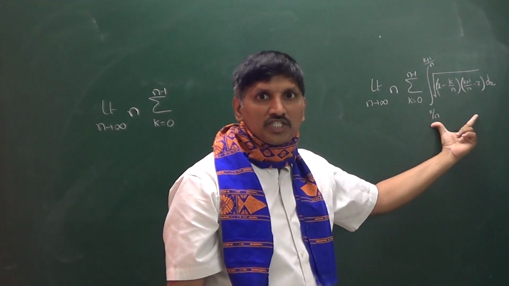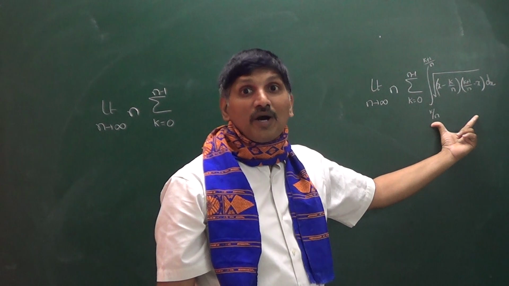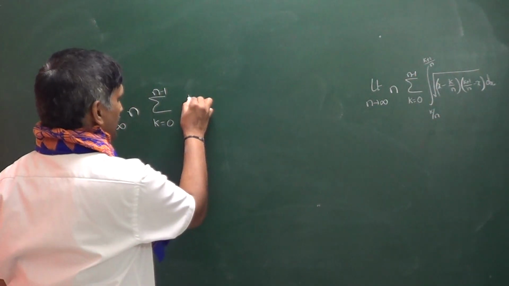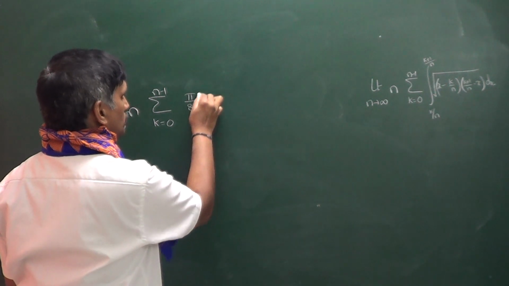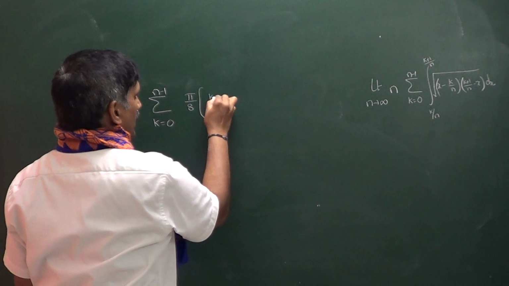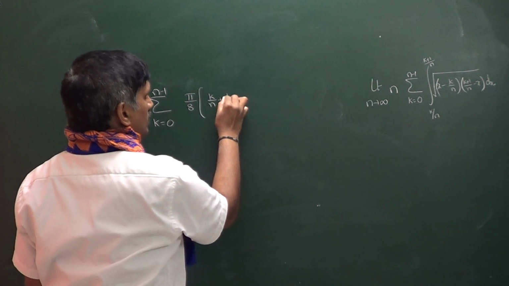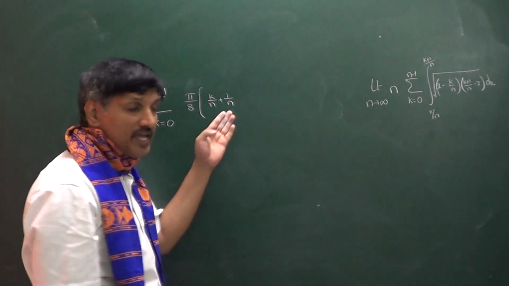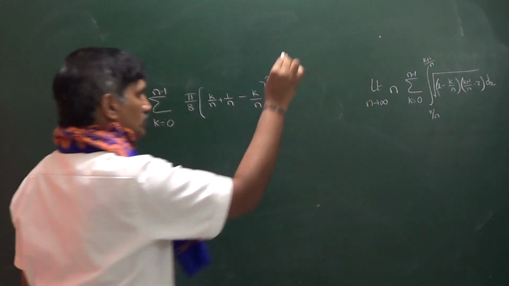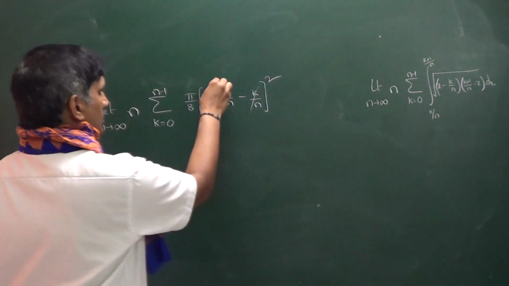According to the earlier discussion, we can write this as pi by 8 into (b minus a) whole square. That means pi by 8 into (b minus a), where b minus a is k plus 1 by n minus k by n.